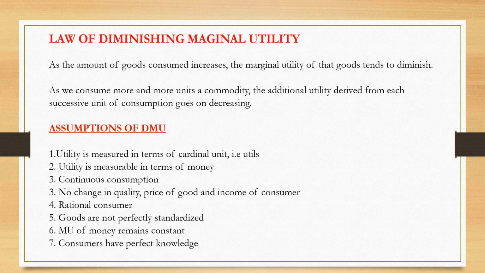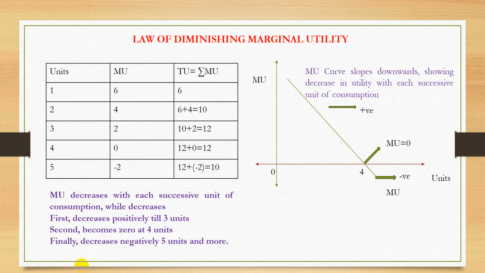Now let us explain the law of diminishing marginal utility with the help of an example, and we'll see it also in a table. Let us recall the question. What is the reason for the law of diminishing marginal utility?